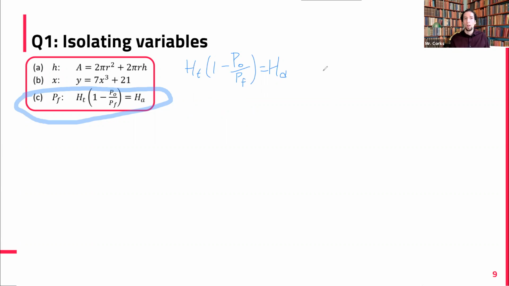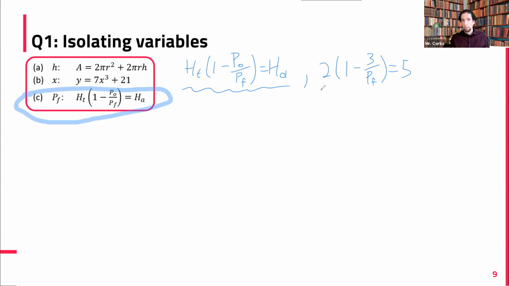Doesn't matter. So the easy way to think about these questions, if it's hard for you to work on it like this, is to just change the variables into numbers. Let's say 2 times (1 minus 3 over PF), that's our target, equals, let's say, 5.